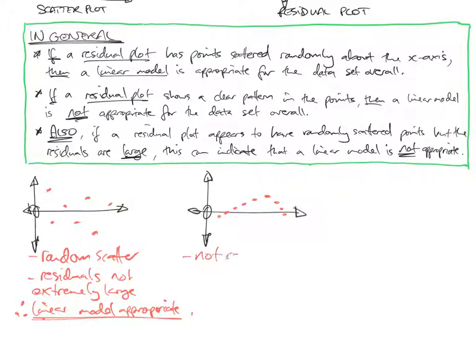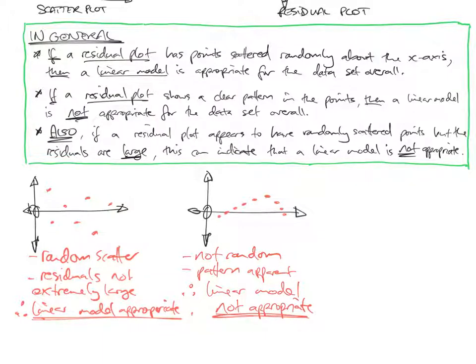Not random. Pattern apparent. You can see that you could draw like a curved line through those dots. You would have to come to the conclusion that a linear model is not appropriate.